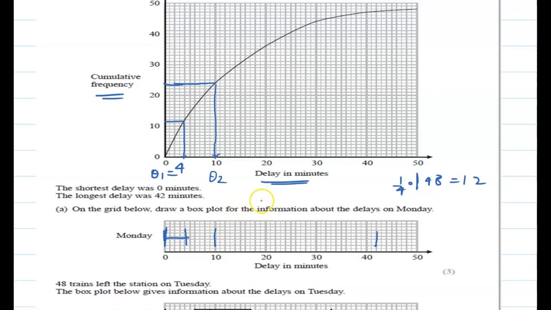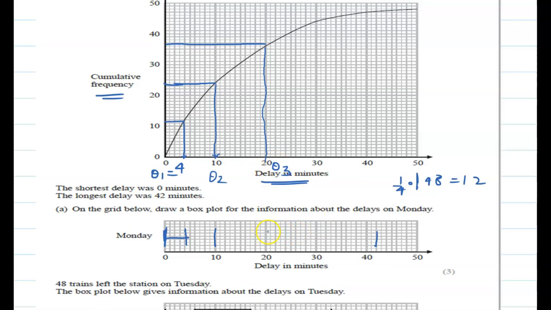Now Q3 is left. Q3 is 3 by 4 of 48, so it will be 36. So 31, 32, 33, 34, 35, 36. This will come here at 20.